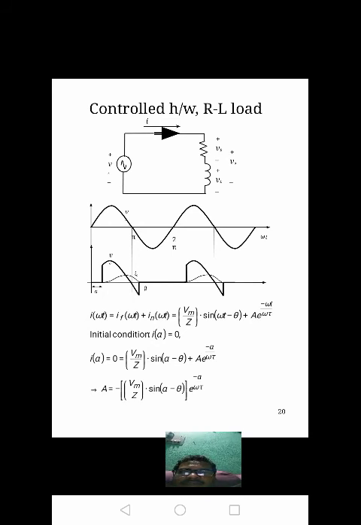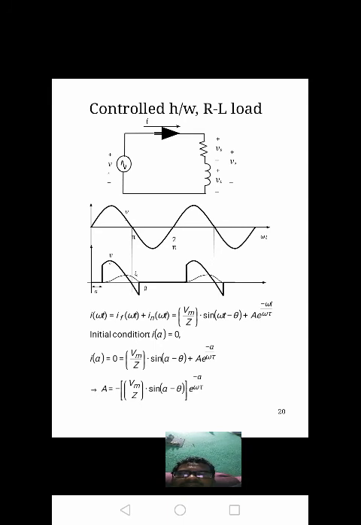Here we substitute omega t as alpha, so we take it as 0. i of alpha equals 0, that is equal to Vm by Z into sin alpha minus theta plus A into e power minus alpha by omega tau.